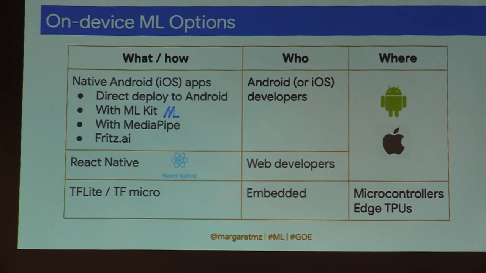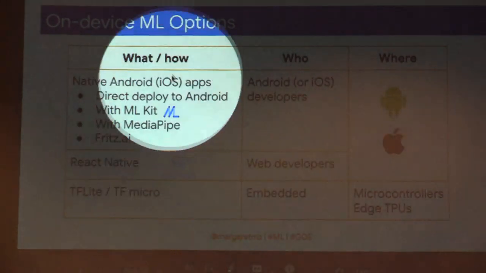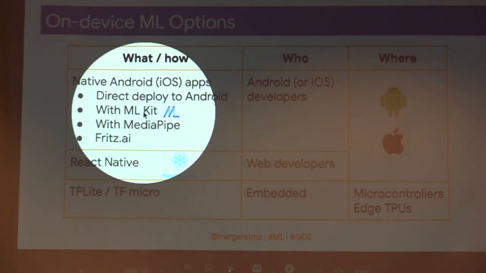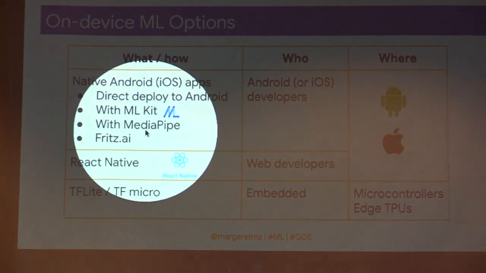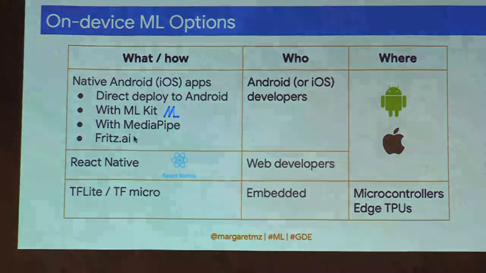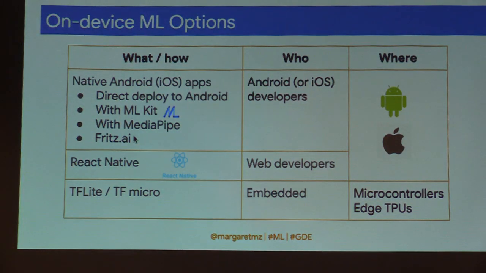So if you are an Android or iOS developer, you get a converted model, you write your Android or iOS code and deploy there directly. Or you could use one of these things that I'm going to talk about in more detail, like MLKit or MediaPipe or Fritz.ai, to help you deploy these mobile apps.